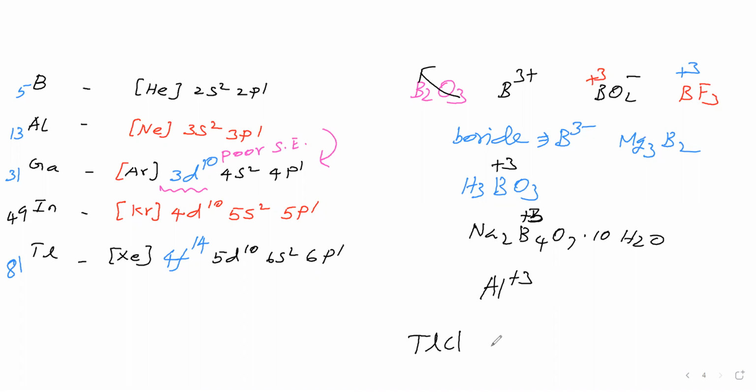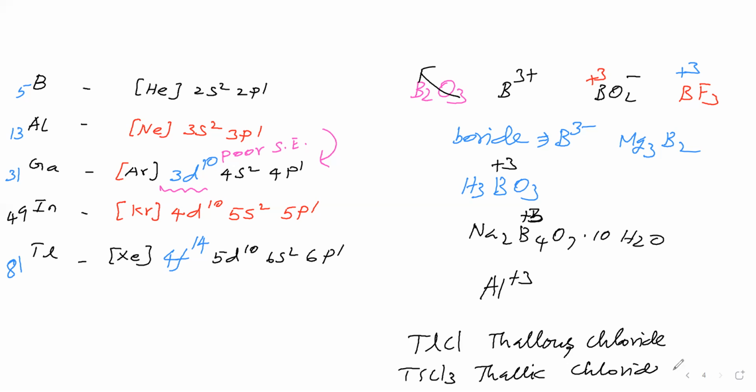Thallous chloride, and TlCl3, thallic chloride. Now thallous chloride and thallic chloride we have seen. Here in thallous chloride, thallium is plus 1. In thallic chloride, thallium is plus 3.